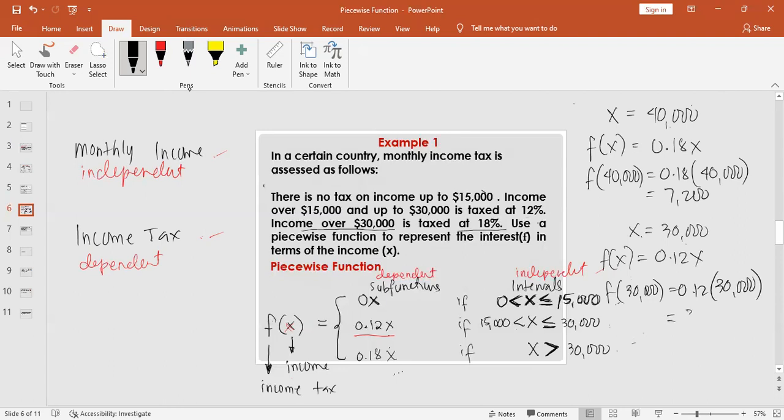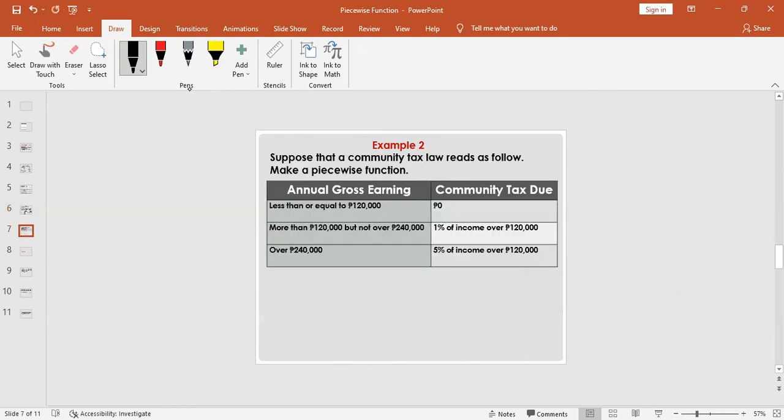It's $3,600. So that's how you solve for the required values using the created piecewise function. Okay? So let us now proceed with the next example.